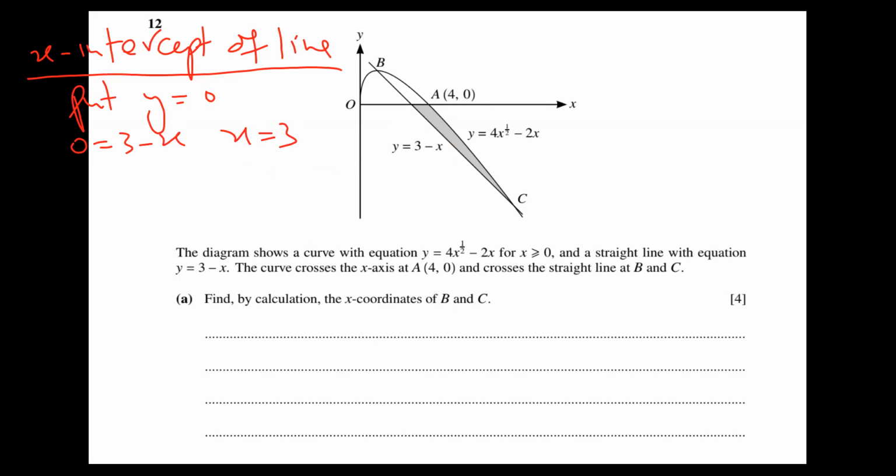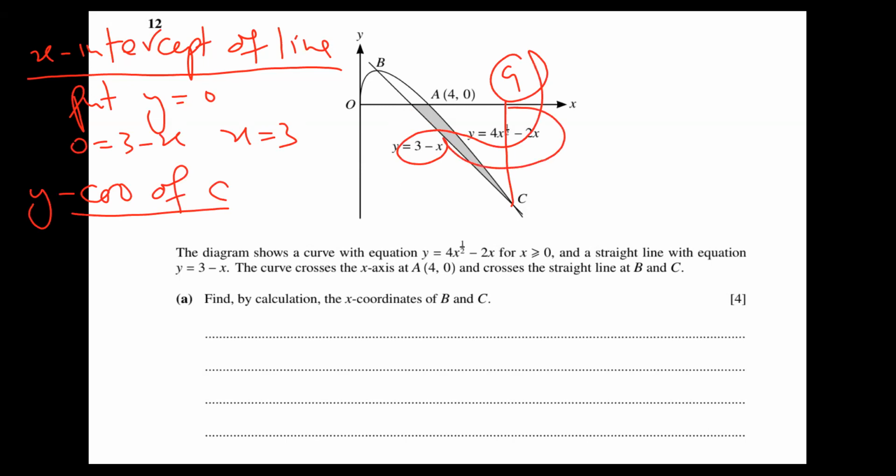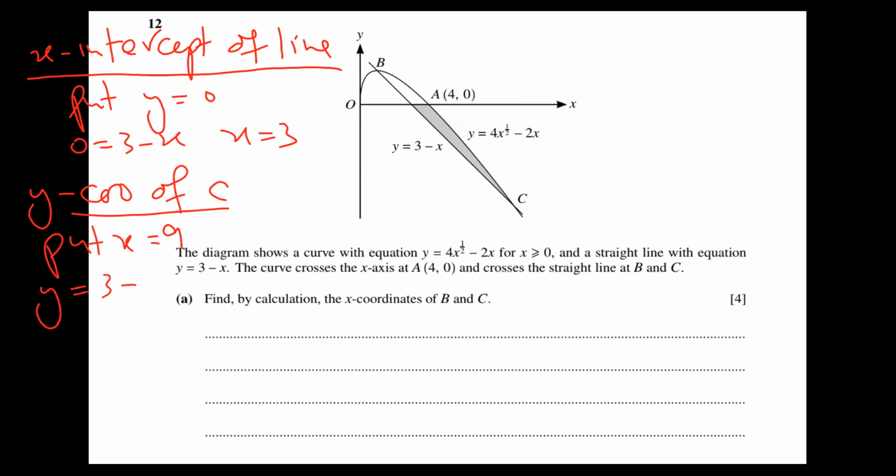Okay. So now I need the y coordinate of C. How can I find it? I know that the x coordinate of C is 9. If I plug this 9 into the line or into the curve, I get the y coordinate of C. So I put x equals 9 in the equation of the line: y equals 3 minus 9, and I'm getting -6.